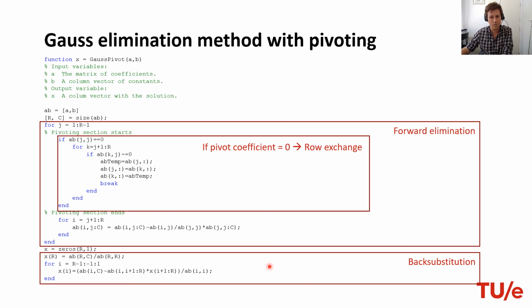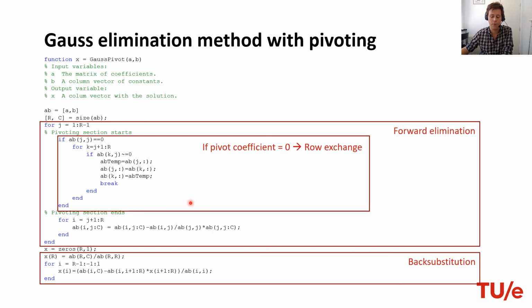So this is a minor modification that you can do to your algorithm, which can really avoid these detrimental cases where your method would either crash or where you would really introduce big rounding errors because you have small pivot elements.